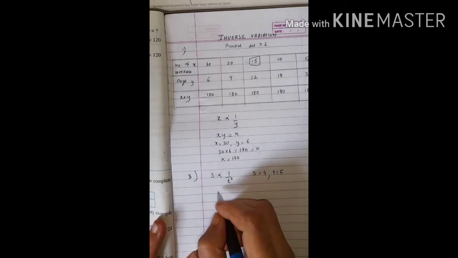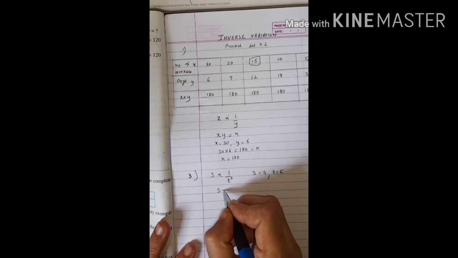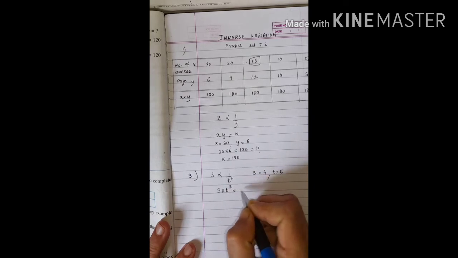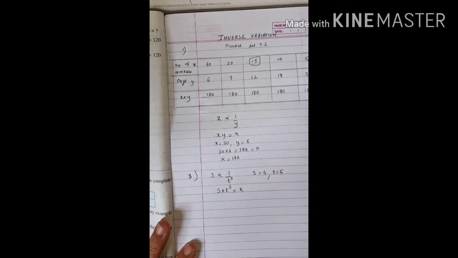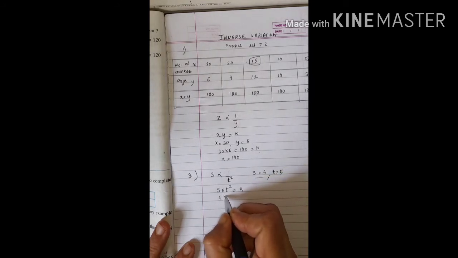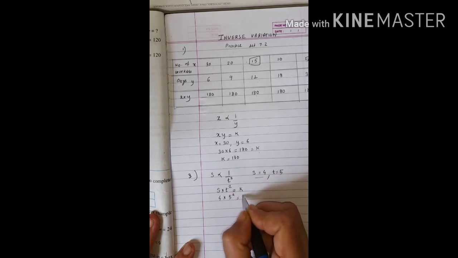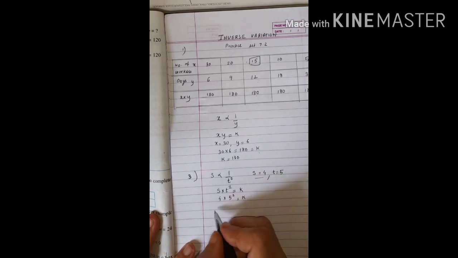So you know very well, in inverse variation we take S into T square, that means the product, as constant. Let us substitute the value of S here. S is 4, T square, but T is 5. So we take square of 5, which is equal to K.